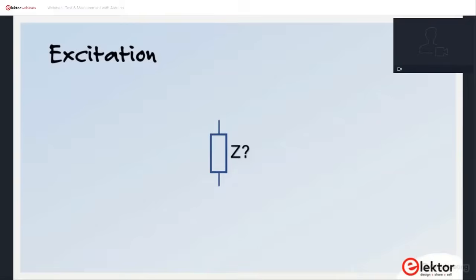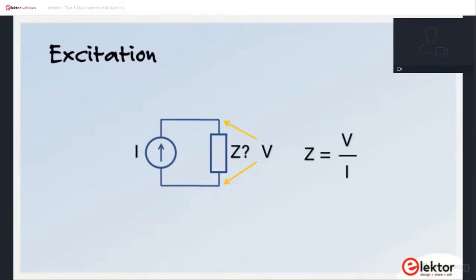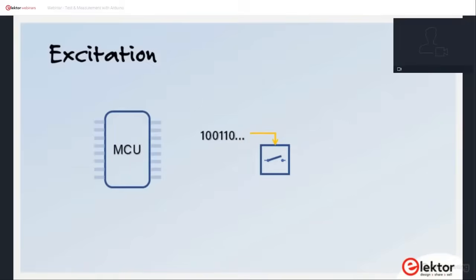Then there are situations where a current or a voltage or a frequency is needed to activate, excite or bias a circuit to measure something else, for instance an impedance. The digital outputs of microcontrollers are perfect for switching things on and off. They can also be used to produce short pulses to record, for instance, the impulse response of a circuit.